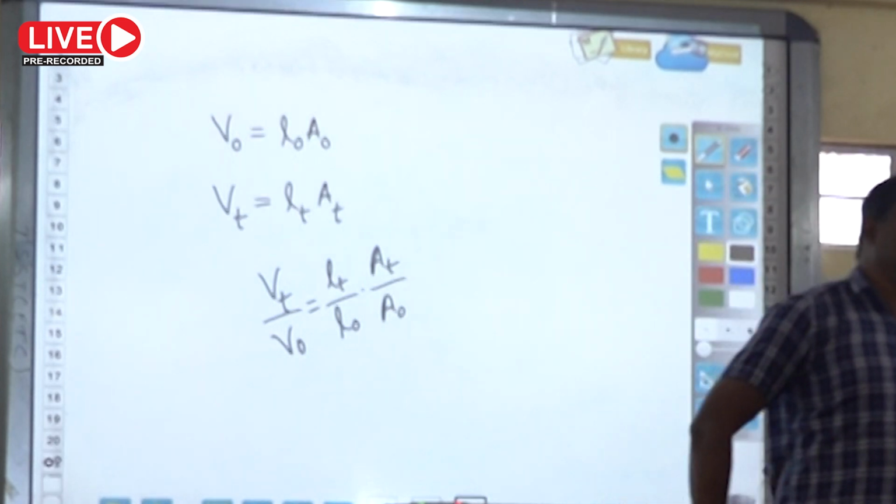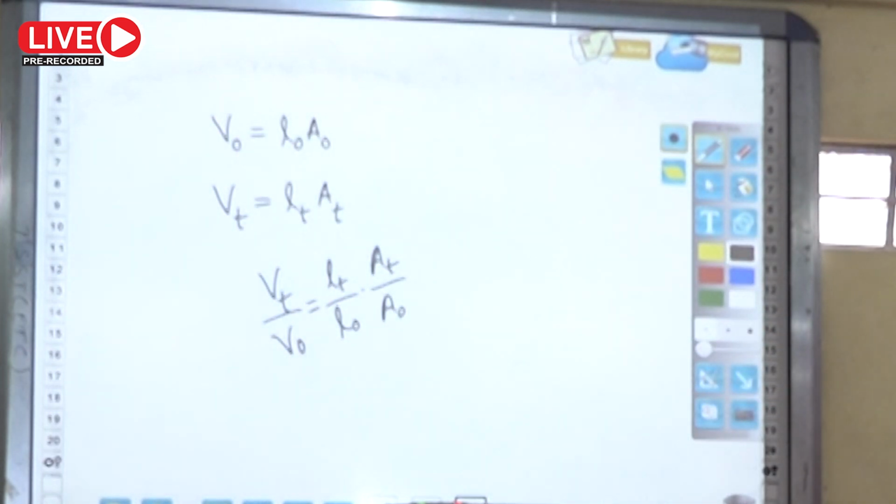Then substitute Vt equal to V naught into 1 plus gamma t. The coefficient of area expansion is 2 alpha.